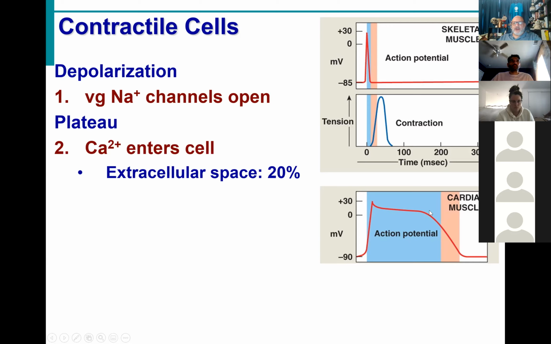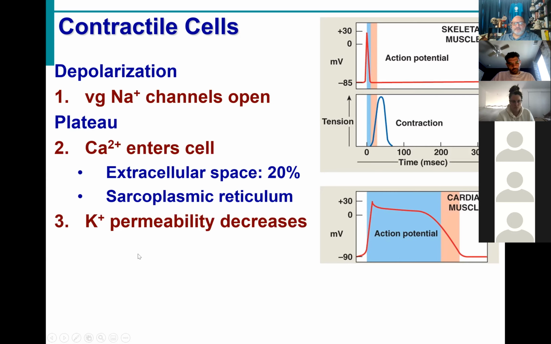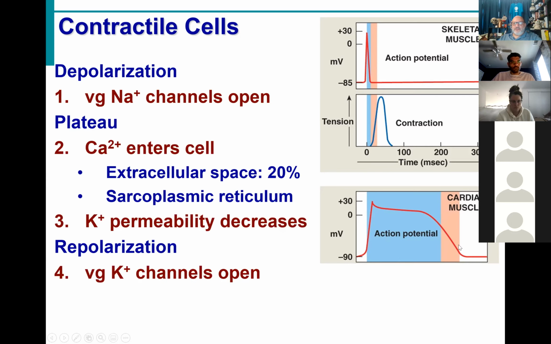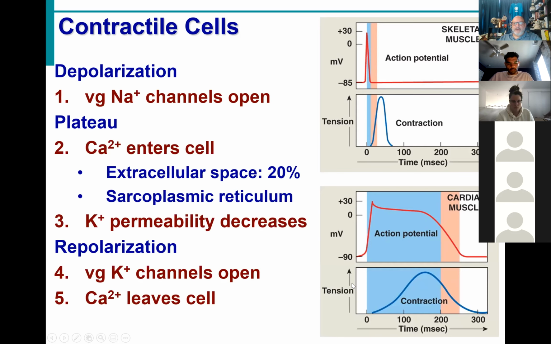Calcium enters the cell, maintaining that plateau stage, as well as the decrease in potassium permeability. But eventually it repolarizes as those voltage gated potassium channels open, and our calcium leaves. And because of that, we produce a contraction that is much, much longer than the contraction produced by skeletal muscle.